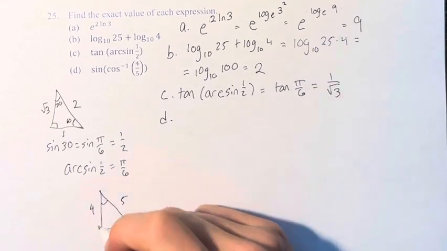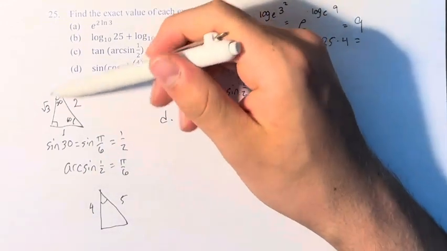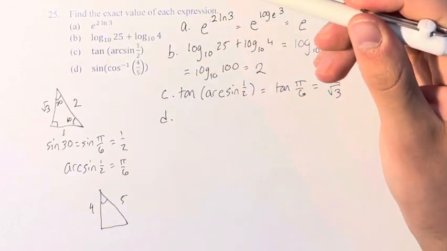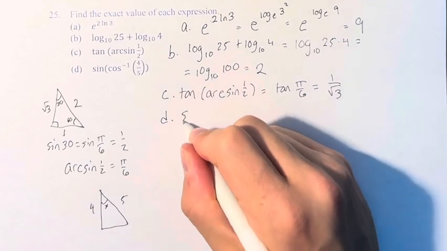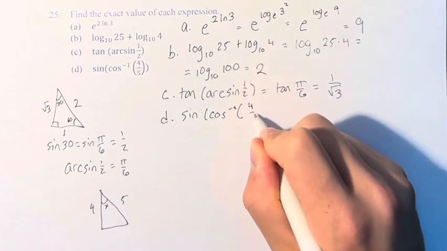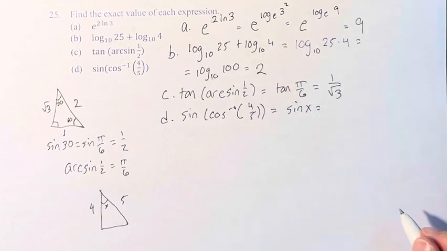And so whatever this angle is, which we don't actually know, it's not like there's a 30, 60, 90 degree triangle for this triangle. Whatever this angle is, let's call it x. Sine of the inverse cosine of 4 over 5 is equal to sine of x.